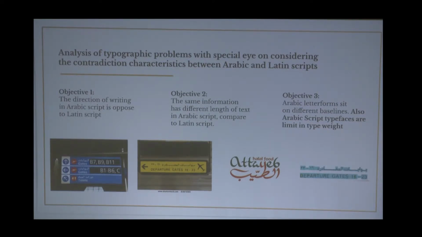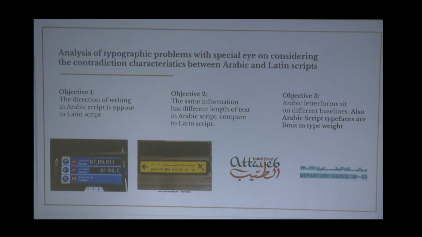So in this case, in the first image on the right, we have two different texts in two different languages, and especially it includes numbers, where it says gates and above it says al-bawabat in Arabic. We read the Arabic from right to left, and then we have to look at the numbers and read them from left to right.